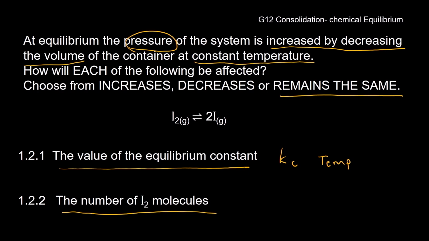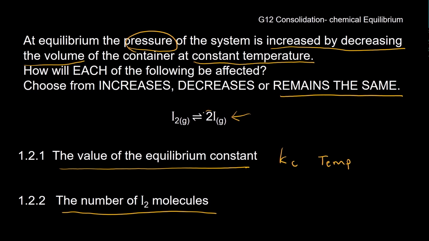So the equilibrium will shift to try and reduce the number of molecules or number of moles in that particular space. Obviously, that would make sense, right? So when we look at our balanced equation over here, which is I2 reacts to form 2I.